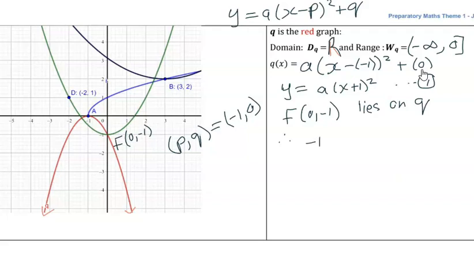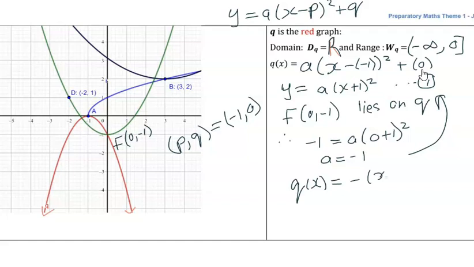I will have minus 1 equal to a times (0 plus 1) squared. So in this case, I will have a equal to negative 1. If I plug all my values back into that equation there, then I get q of x is equal to minus (x plus 1) squared.